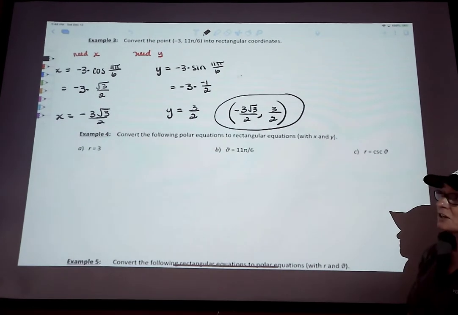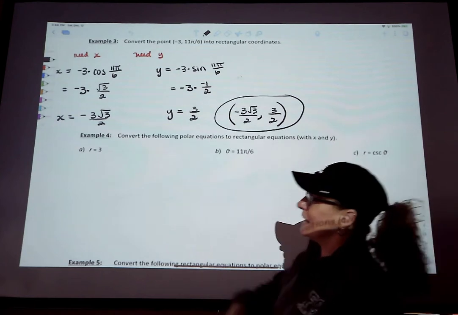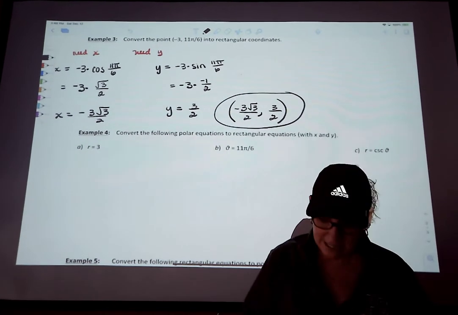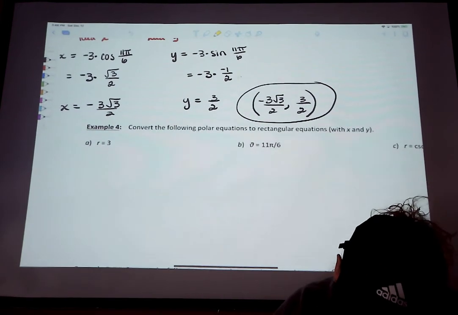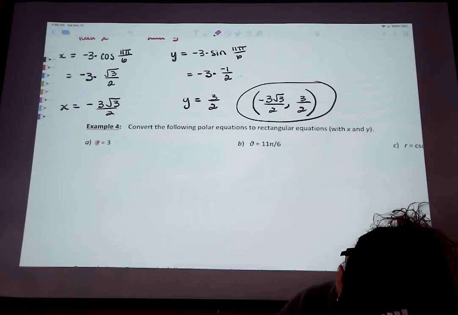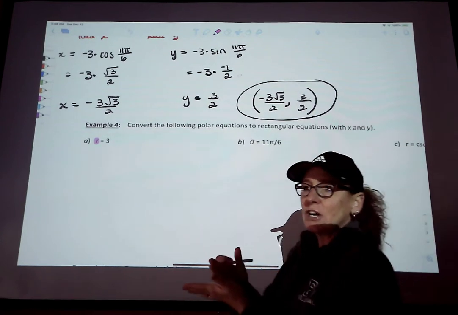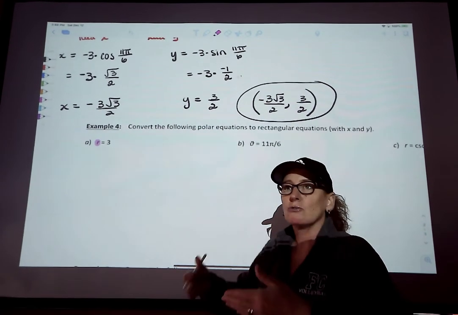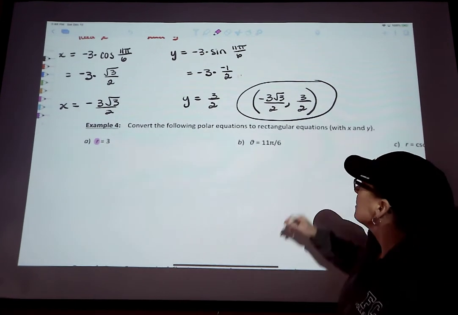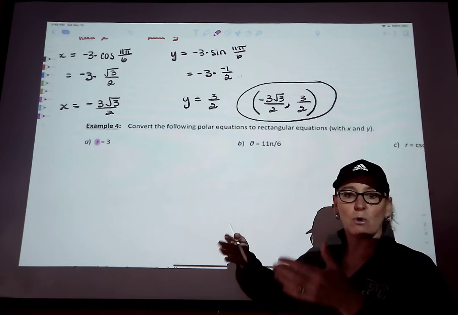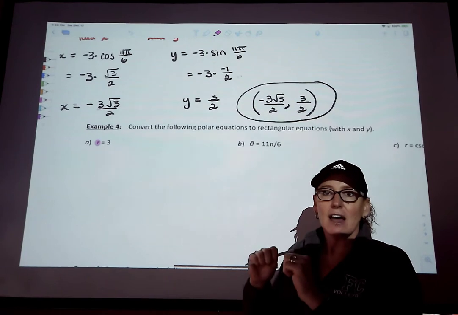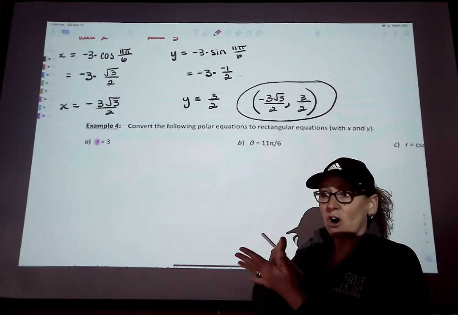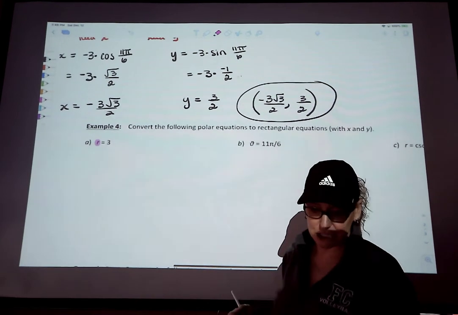All right, let's convert equations. So right now I have an equation in polar form and I need to change it to rectangular form. It currently has an r. How is r related to x and y? If I'm going to get it to a rectangular equation, I want it in terms of x and or y, usually both, but maybe not. Does r have a direct relationship to x and y?